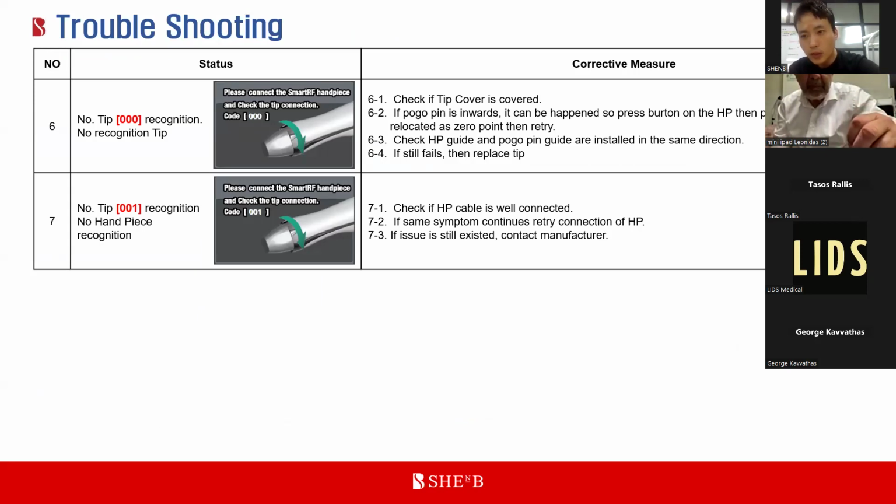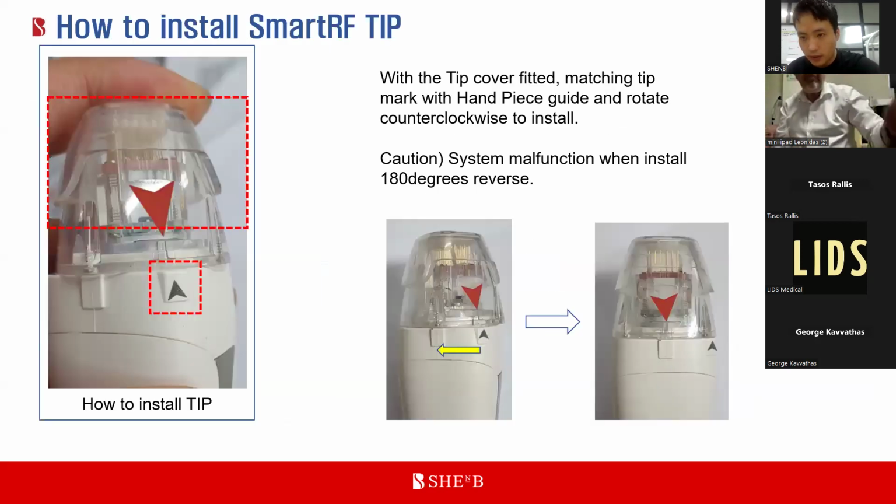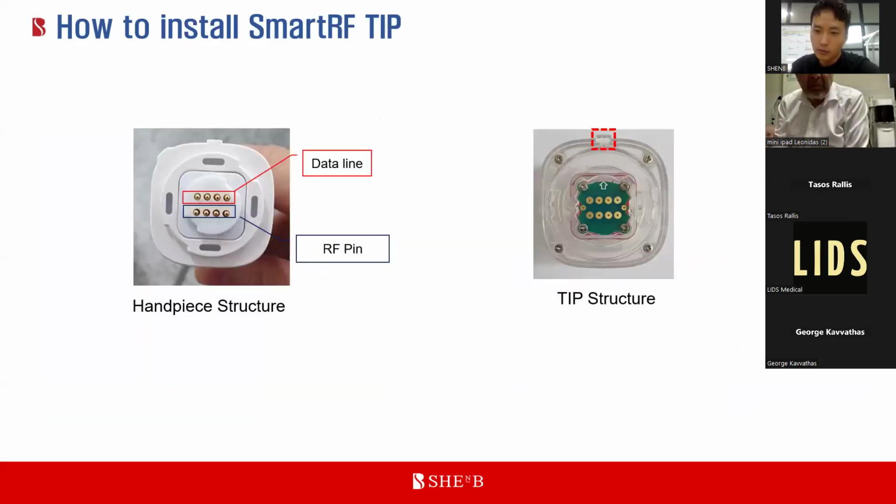So when we do the initial installation for our customers, it is very, very important that we always mention to them that the tip cover should be on top of the tip, then attached to the handpiece. The second reason why this is important is that if we look at the handpiece, there are 8 pogo pins. The upper line is the data line and the bottom line is the RF output line.